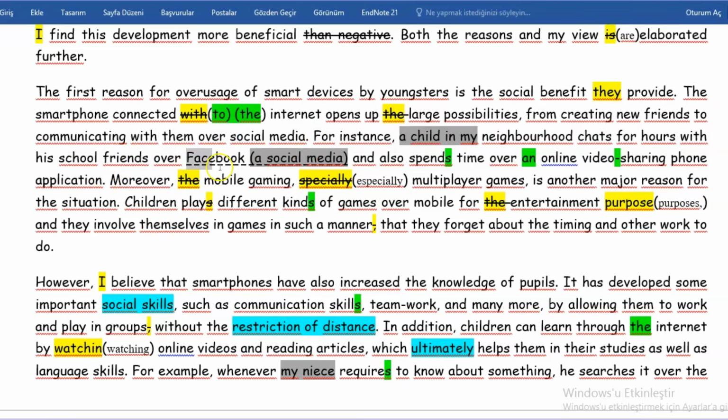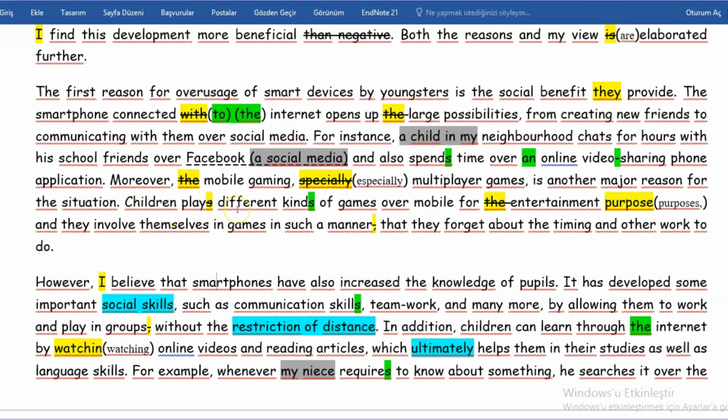Facebook is something very common, and most people know that, so there is no need for extra explanation. And then moreover, mobile games, and especially multiplayer games, are another major reason for this situation.